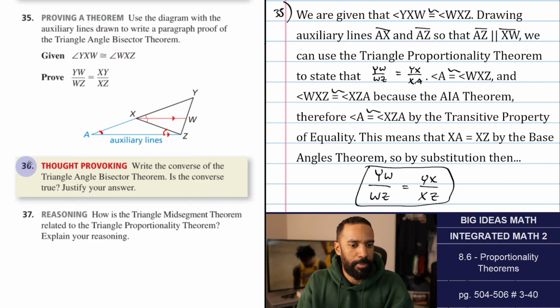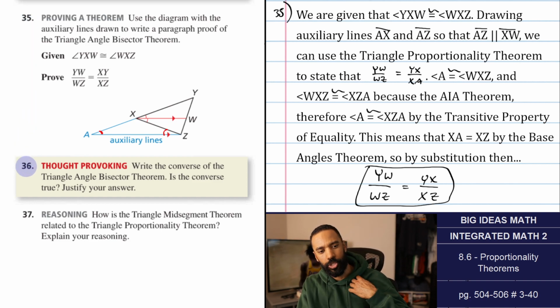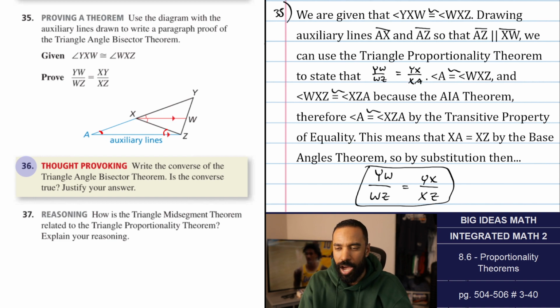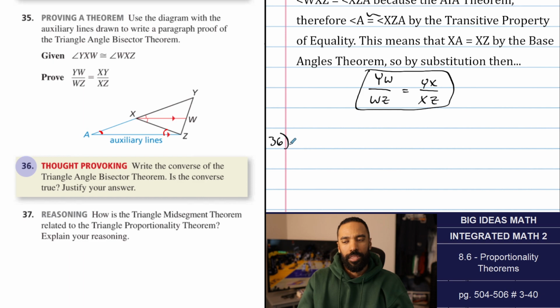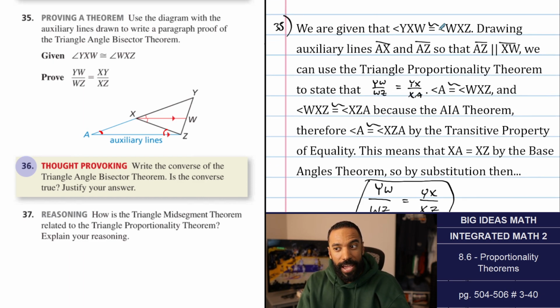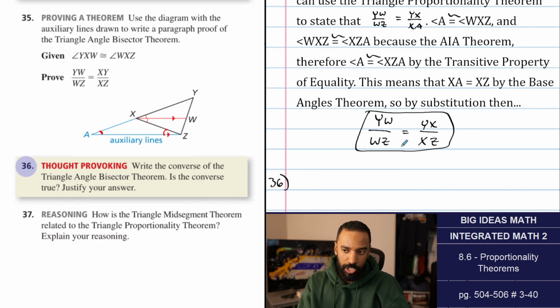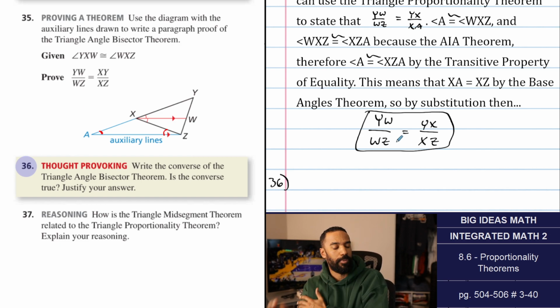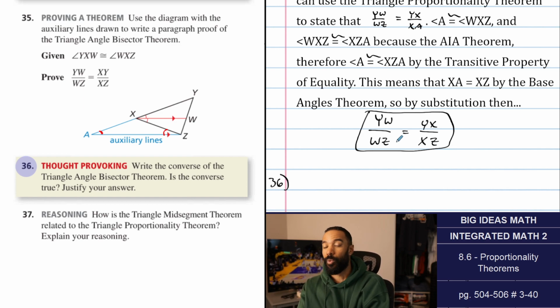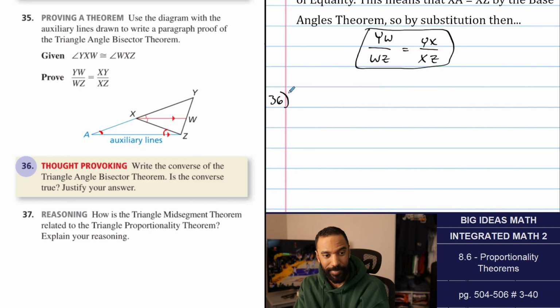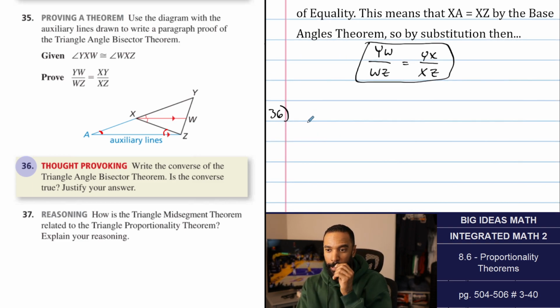Number 36, thought-provoking. Write the converse of the triangle angle bisector theorem. Is the converse true? Justify your answer. The original says if you have an angle bisector, boom, boom, then these are proportional. The latter says if they're proportional, then you basically have an angle bisector. Do I write it using a paragraph proof? Let's go for it.